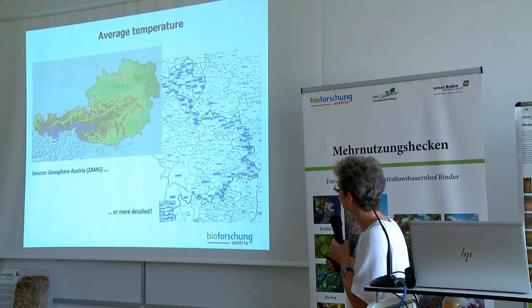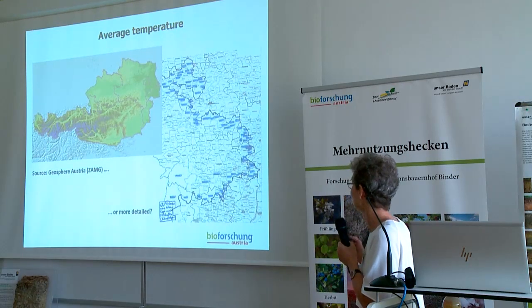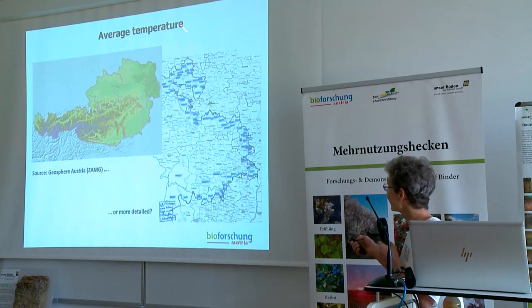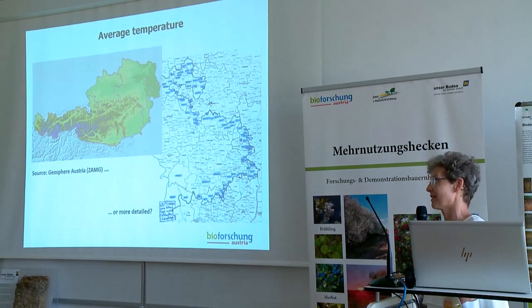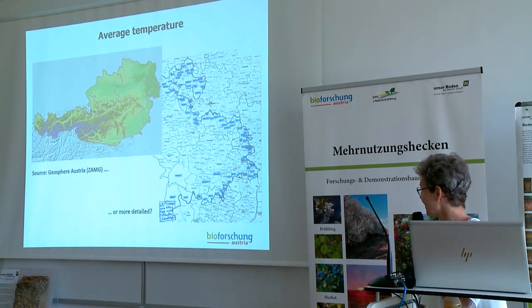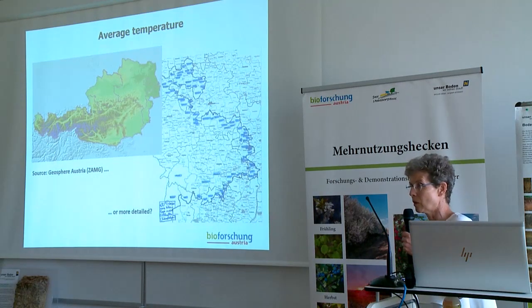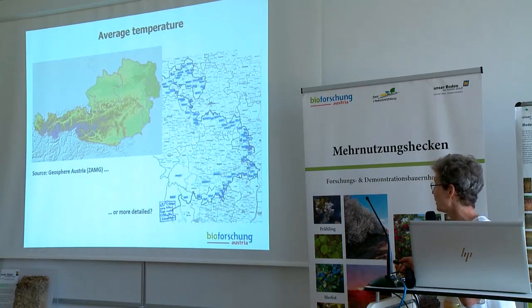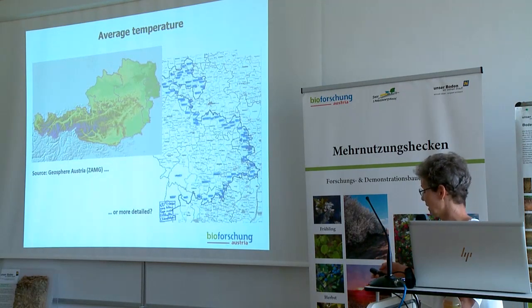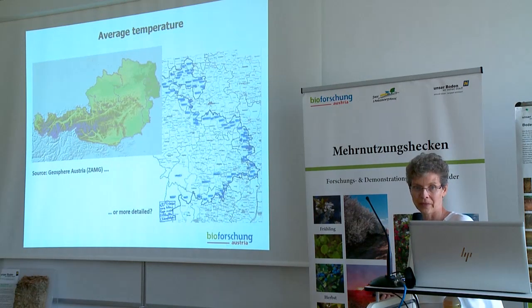And Peter Meyerhofer took the labor of finding a very exact border between more than 8.5 degrees Celsius and less than 8.5 degrees Celsius using data from Lower Austria. But in the end, we weren't able to use these details.